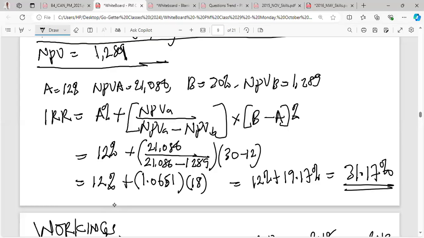That's why when we use 30, we got 1,289,000. So it means that if your cost of capital, or anything that you are using to appraise the project, is more than 31.17, you are going to reject that project because it will be too costly for you.